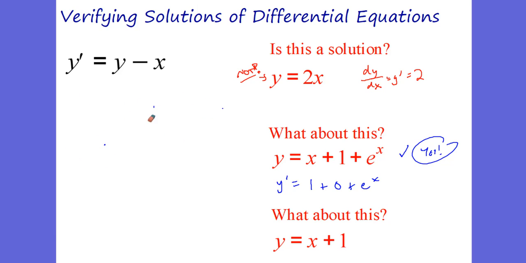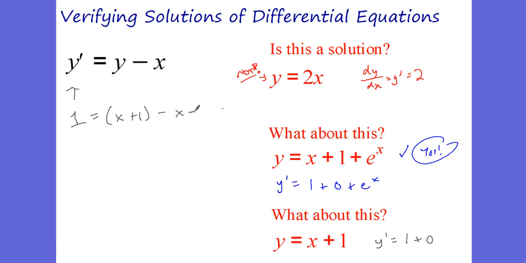Okay? Well, let's try another one. Remember, I said this wasn't quite the only solution, is it? Let's try this one down here. y equals x plus 1. So what's y prime? y prime is 1 plus 0, so y prime is equal to 1. What is y equal to? They told me y is equal to x plus 1 minus x.